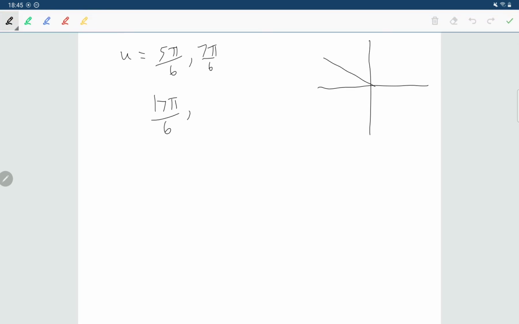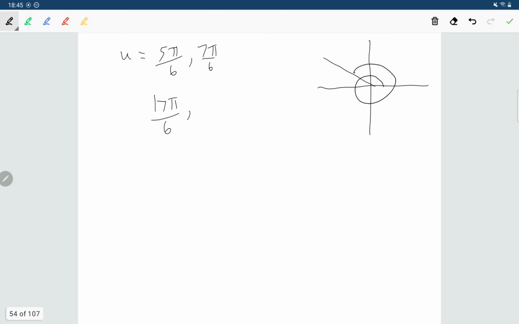You would also have 2 full circles, which is 2 pi, plus 5 pi over 6, which is 29 pi over 6.